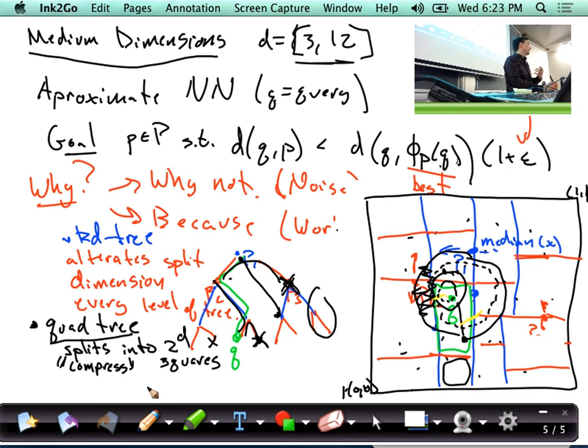And if you do this, you can still get results that have a log n in them. In high dimensions they have bad dependence on d, so they're not often used. But you may see these in the literature, and in 3D this still works very well.